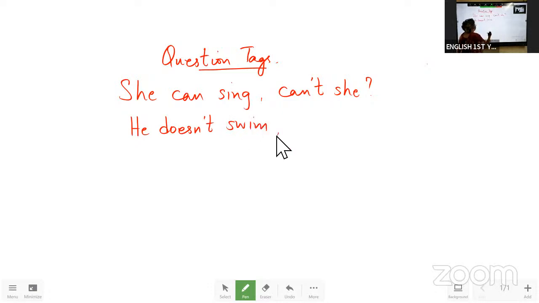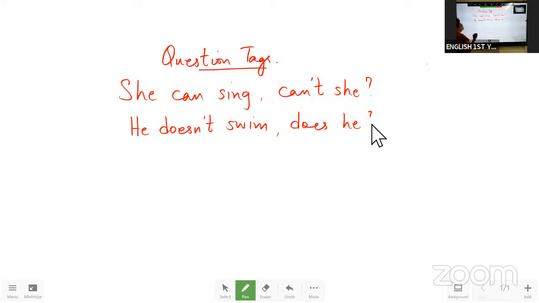And when the sentence is negative, he doesn't swim, does he? Always remember, children, when the sentence is positive, the tag is negative. When the sentence is negative, the tag is positive.